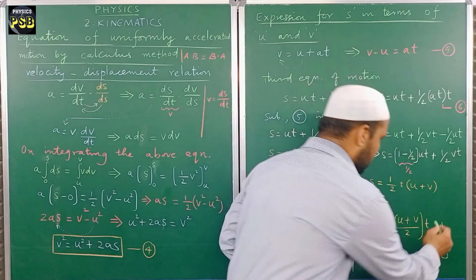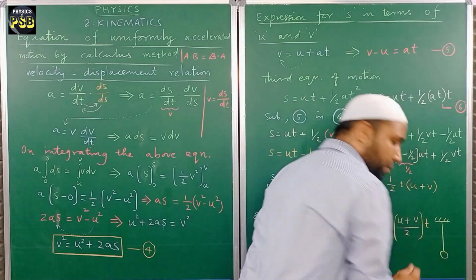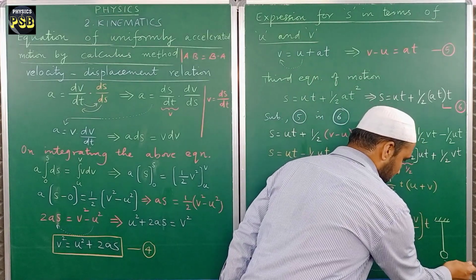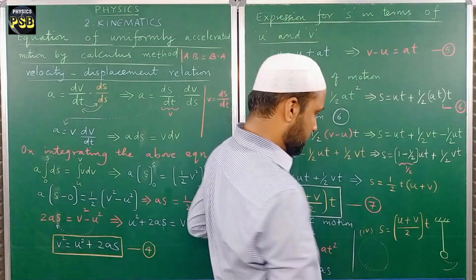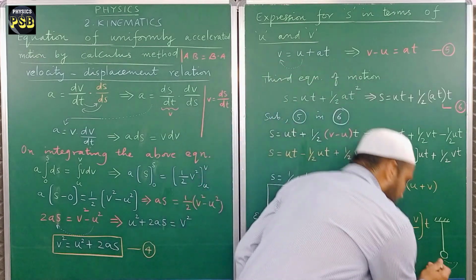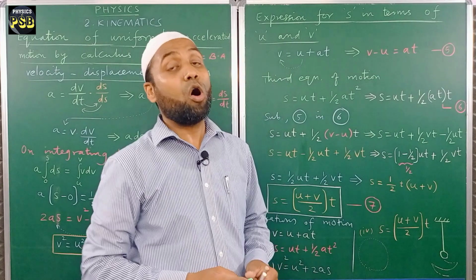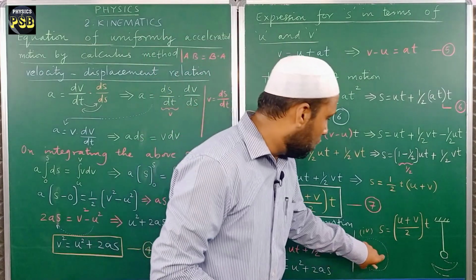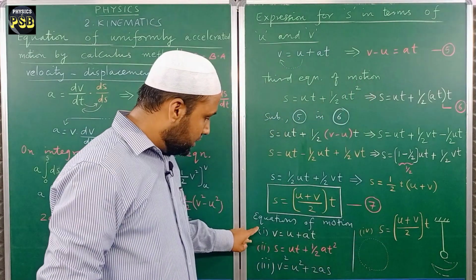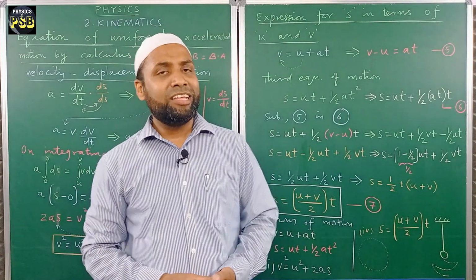If I disturb a simple pendulum, if I apply force on it, it moves towards one side, then it returns back to its original position, then it continues its motion in the opposite direction, then again it returns back. This kind of to and fro motion is referred to as oscillatory motion. For circular motion and for oscillatory motion, these equations are not applicable. Remember this.